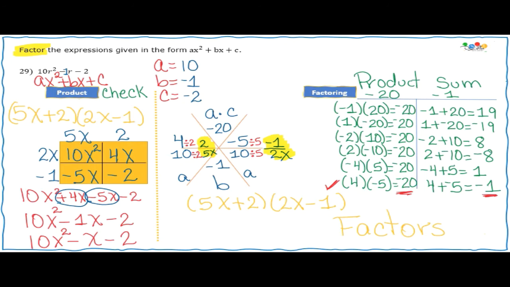What's the difference between the answer 10x squared minus x minus 2 and the original problem 10r squared minus r minus 2? I hope that you think, and I hope you decide that the only difference is basically the variable, right? Because variables, remember, they do not matter. We can use any variable that I want. But since my problem has the variable r, we will use the variable r in my factors.